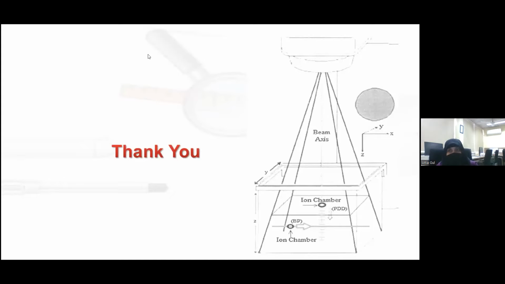But yes, there is a limitation on our Eclipse part. The smallest field size for which we need to input the field factor data is 2x2 centimeters square. I have personally talked to Varian people at different forums, and they say that they will look into the matter.